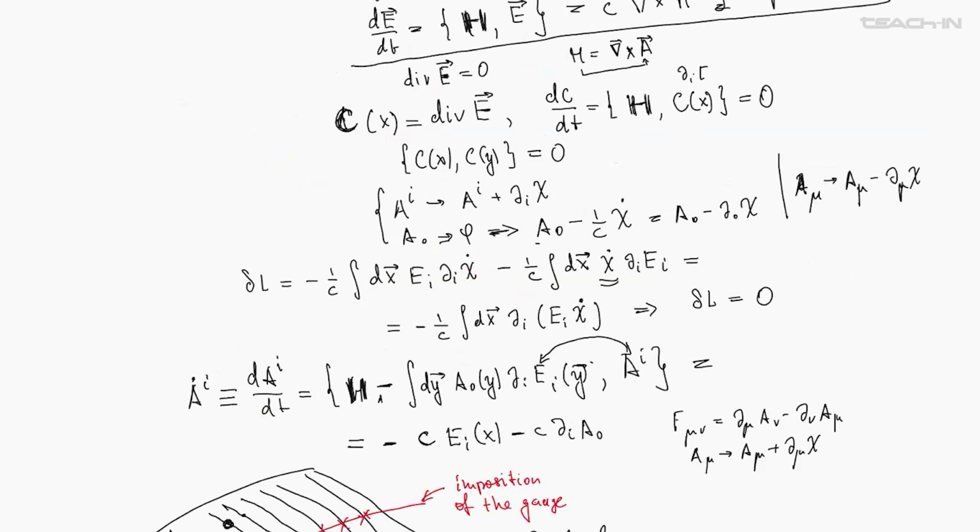So if the function chi does not depend on time, then its dot is equal to 0, but still the vector potential will undergo a change by the functions chi, which are time independent. So you can still shift the vector potential by gradients of functions which do not depend on time. So this gauge choice is not complete. There are redundant gauge transformations.